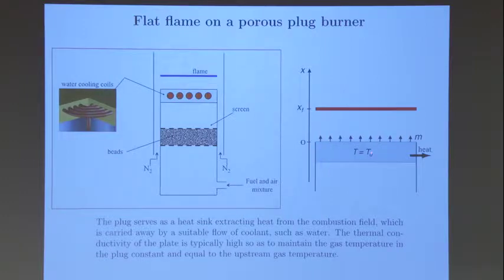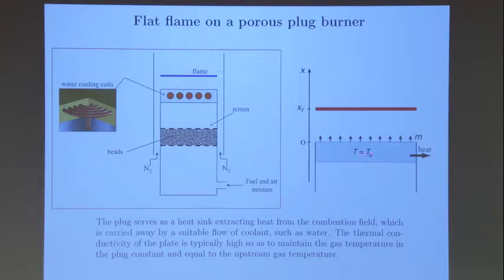It extracts heat from the flame, the heat conducted to the plug. And what is normally done to maintain the temperature constant is to extract the heat through some water cooling coils. So there are water cooling coils here in the plug. They serve to extract the heat and to keep the incoming temperature constant, let's say T_U.